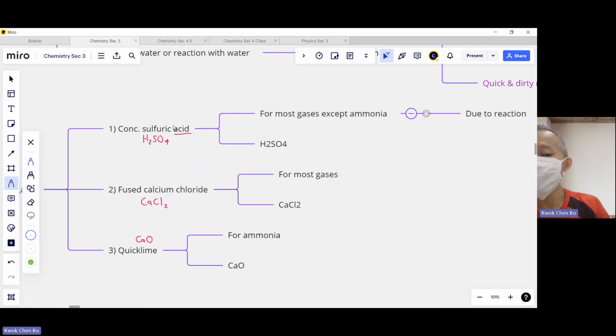So I cannot use it to dry an alkaline gas. Therefore, I cannot use it to dry ammonia. Makes sense? Because they will react. What's the reaction between acid and alkaline? Acid plus alkaline produce salt and water.